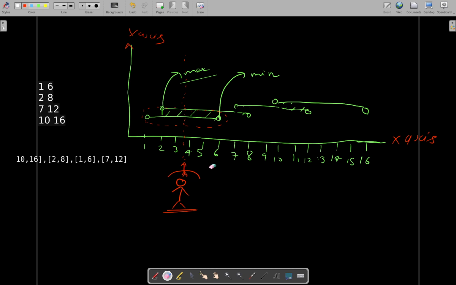Now what we will do is greedily check for overlap among balloons.